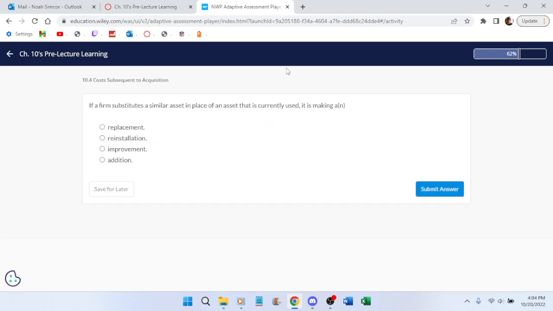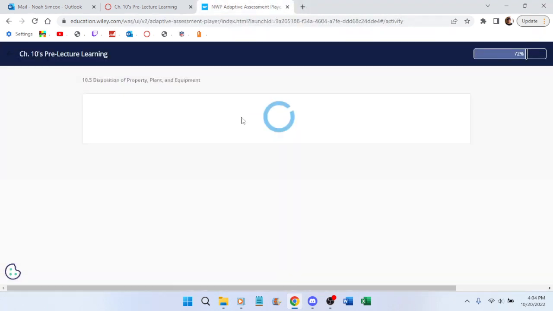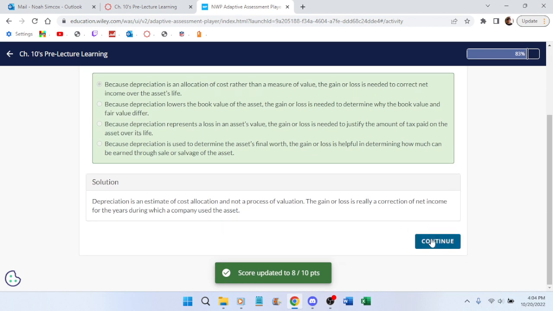If a firm substitutes a similar asset in place of an asset that is currently used, it is making a replacement. Why does asset depreciation give rise to a gain or loss? I didn't read the other answers, I just knew that was the right answer.